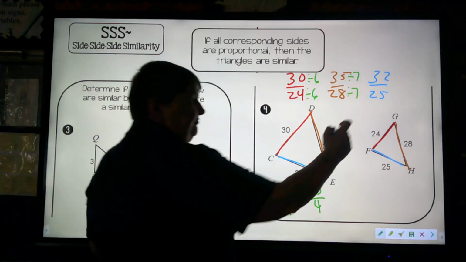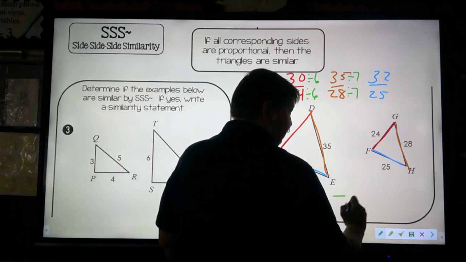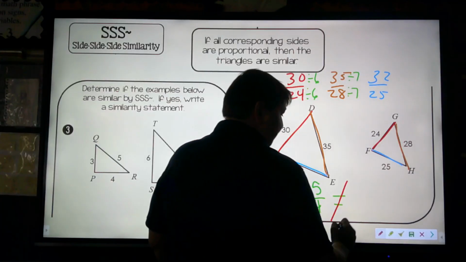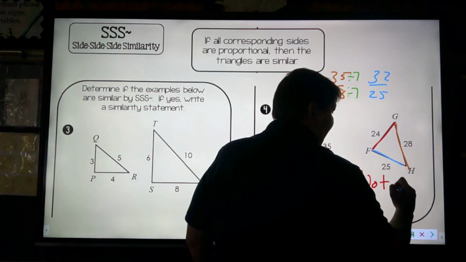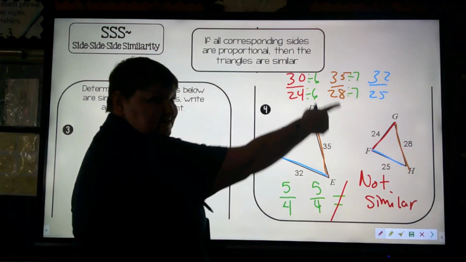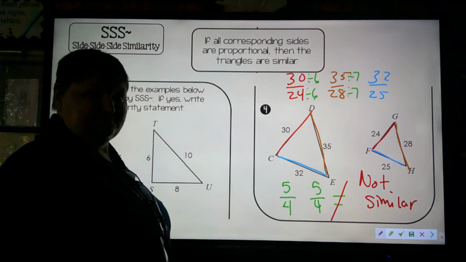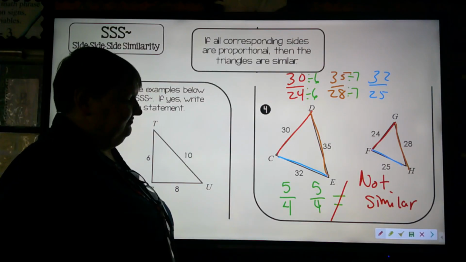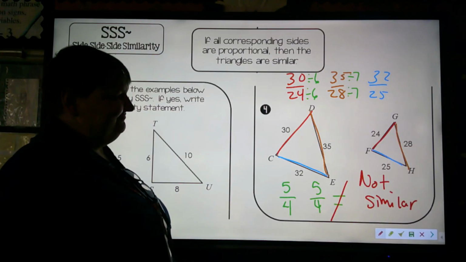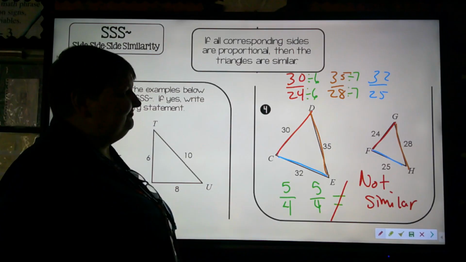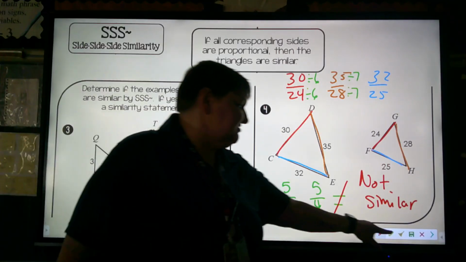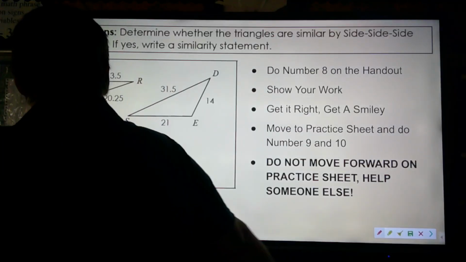So this one can't be simplified, which means it's not equal. It's not equal, which means they are not similar. If they are not equal, you just say not similar. And this is your evidence. They look similar, but they're not. We proved it. All right, pause it and come back and ask for number 7.